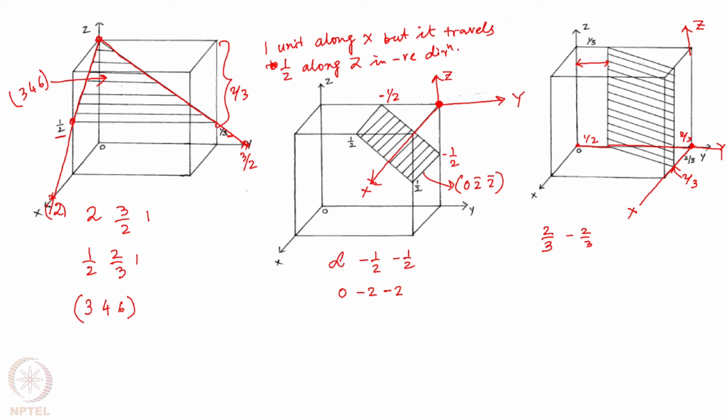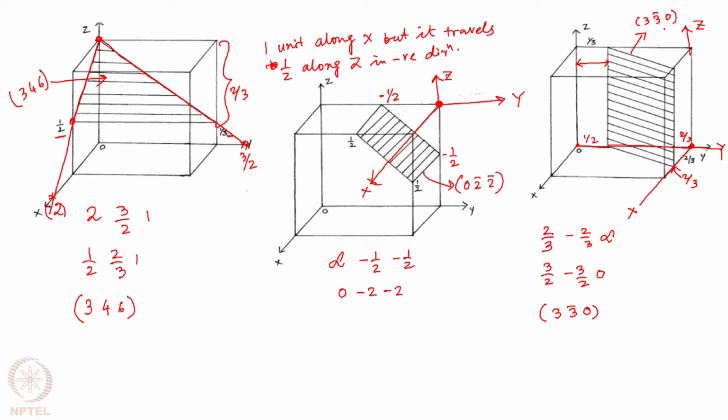So from that origin it is minus 2/3, and it is parallel to z as we can see. So the z intercept is infinity. We take the reciprocal: 3/2, minus 3/2, 0. We now clear the fraction and write it as (3 3 bar 0). So the Miller indices for that is (3 3 bar 0).